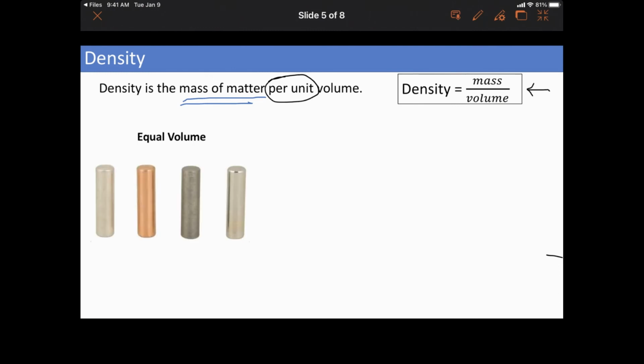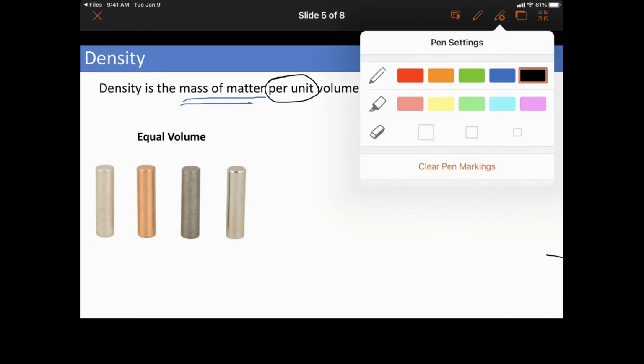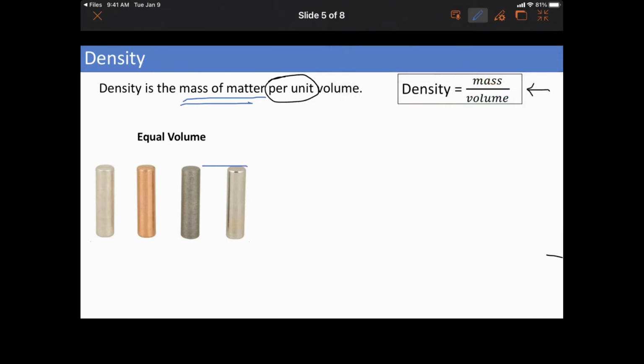So I have these 4 cylinders, and they all have the same volume. As we can see, the heights are all the same, right? And the diameters are all the same.